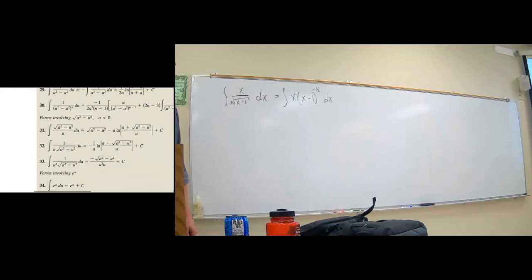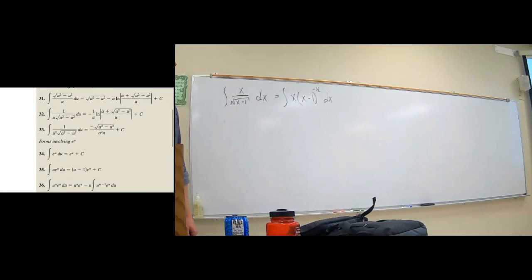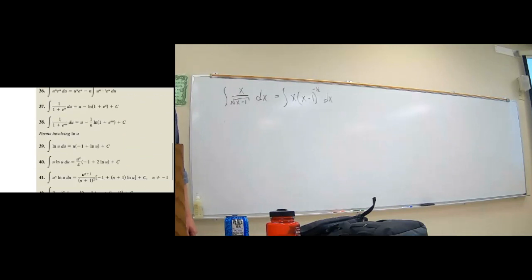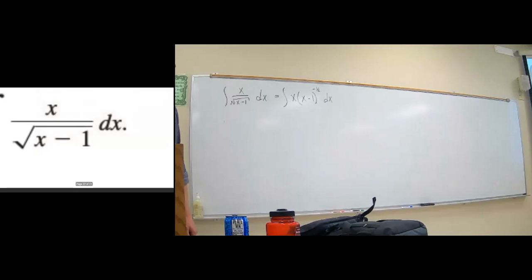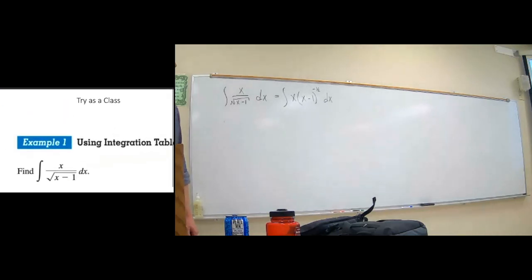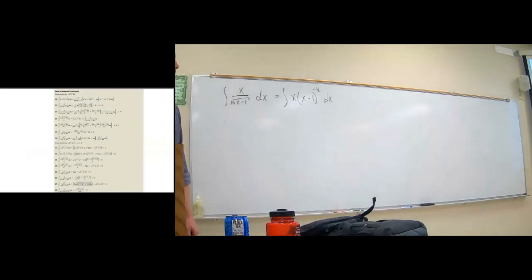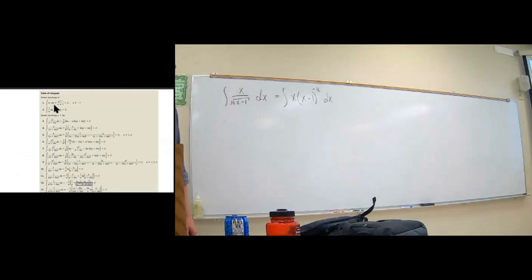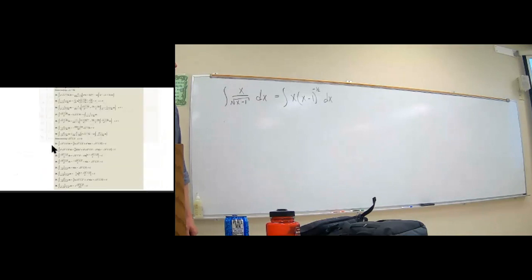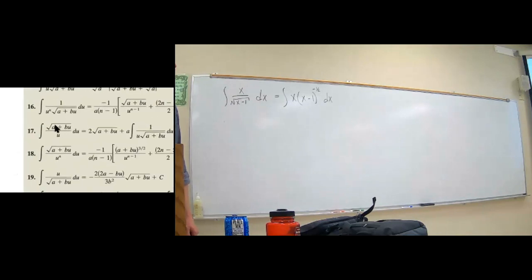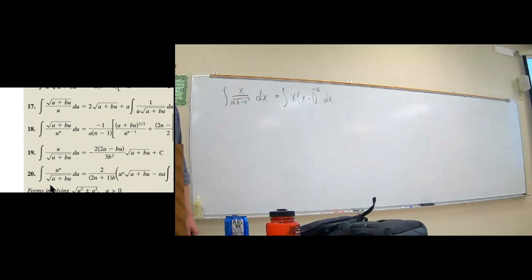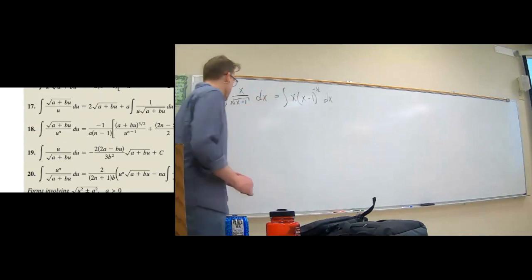None of these fit the bill. None of these really fit the bill. Since our table is so small, we're just going to go ahead and go through all of those and look at each one individually. None of these look like they fit the bill. So it's got to be this 19 right here or this 20. Let's see if we can rewrite our integral to look like one of those.